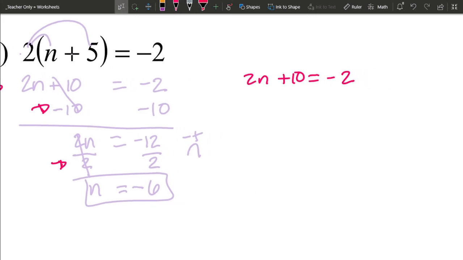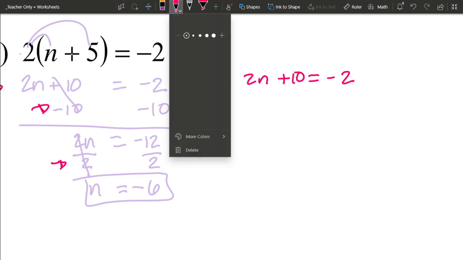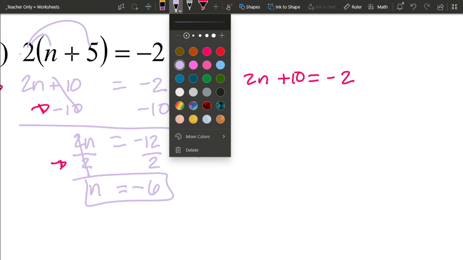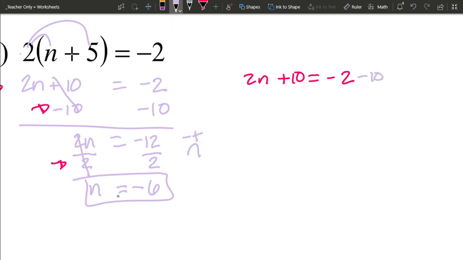So to get rid of the 10, I just got to subtract 10. So I'm going to subtract 10, but I'm going to subtract it on the other side. And this cancels out. So I'm left with 2n equals 10 and 2, that's 12, both of them are negative. Okay, we good so far?